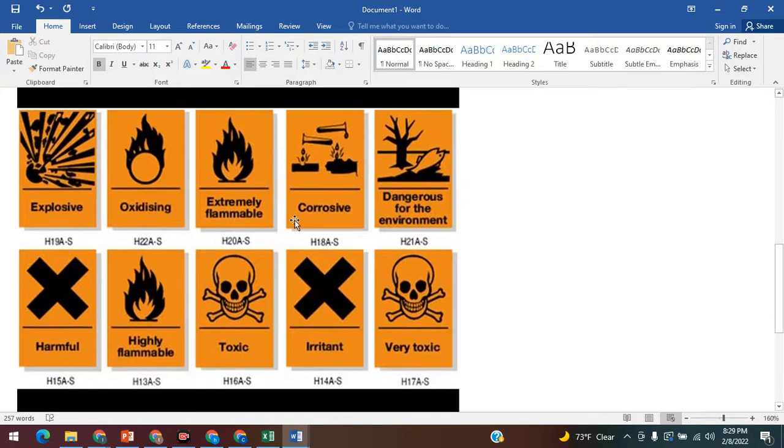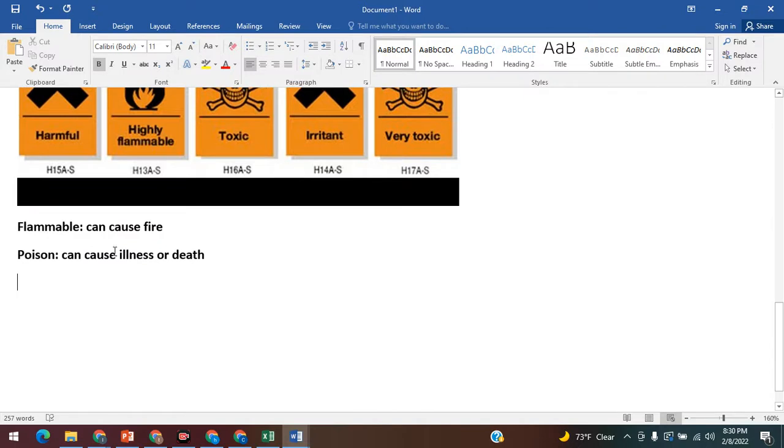Is this saying corrosive? Yeah, this is the symbol for corrosive. You see, if you drip it, it burns the skin. So corrosive means it can cause burns or skin irritations, or it can eat away the flesh.